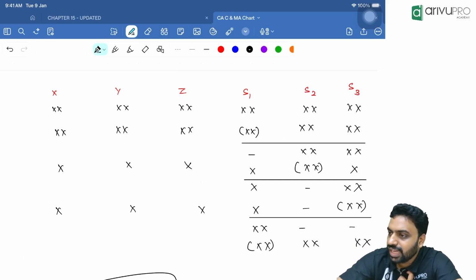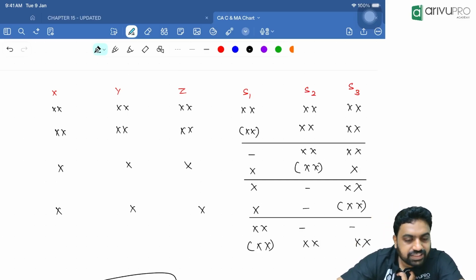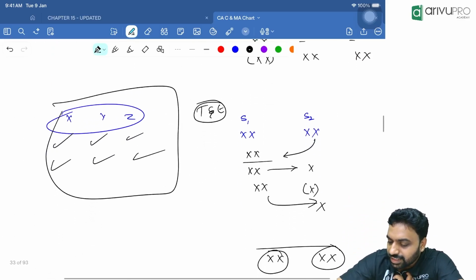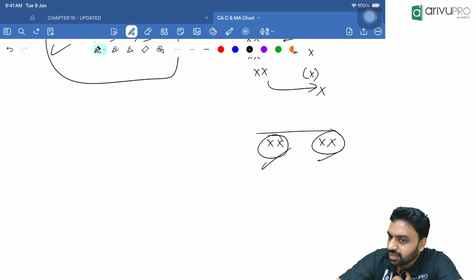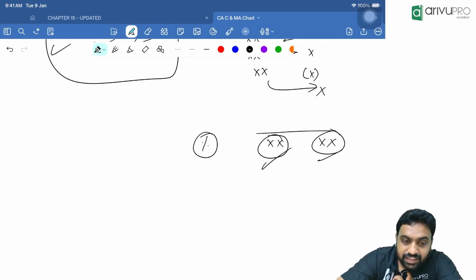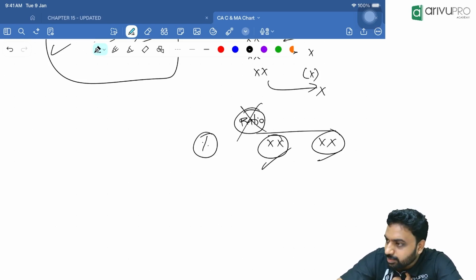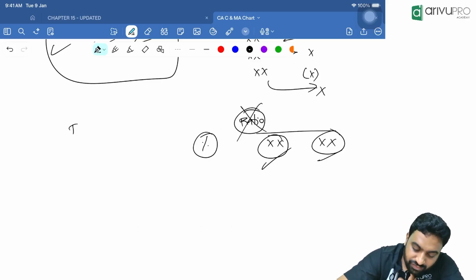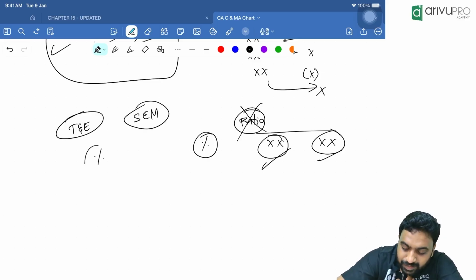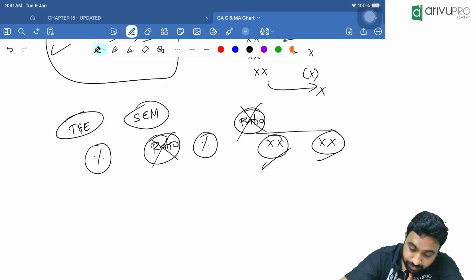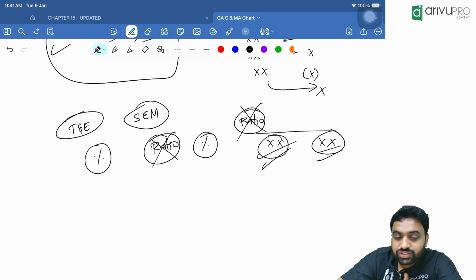Understood? But always remember, whenever you are charging or absorbing this, please take the percentages and not ratios. In all other methods you should go for ratios, because the full amount of overhead should get distributed. But in the case of trial and error as well as the simultaneous equation method, go for percentages and not ratios, because the total coming here is not the total overhead.